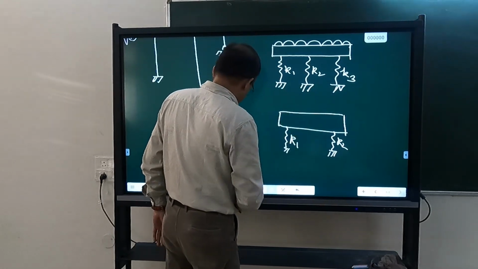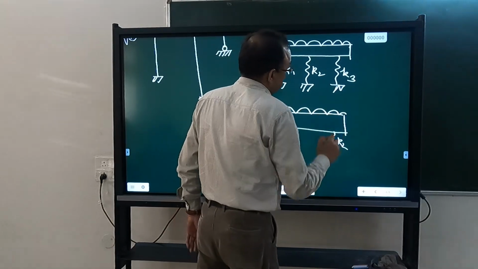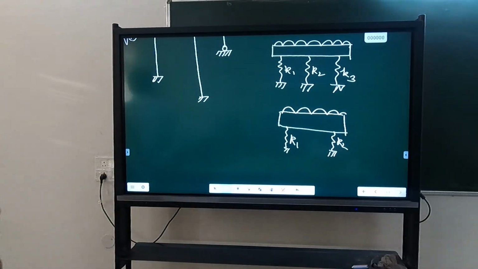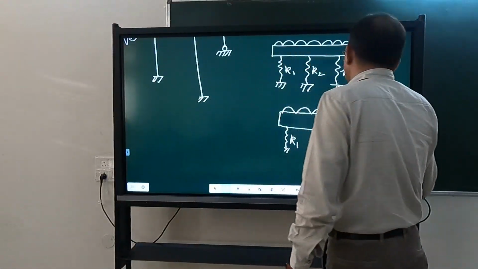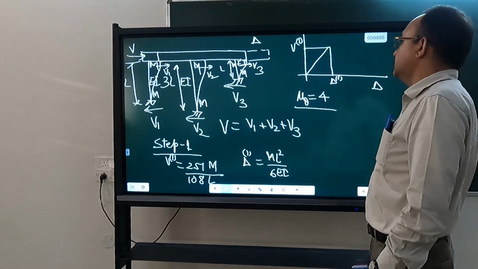What will happen in this case? Will it be proportional to stiffness? Yes, it is the same thing. So this will be in proportion to stiffness. So why are you not saying proportion to stiffness here?